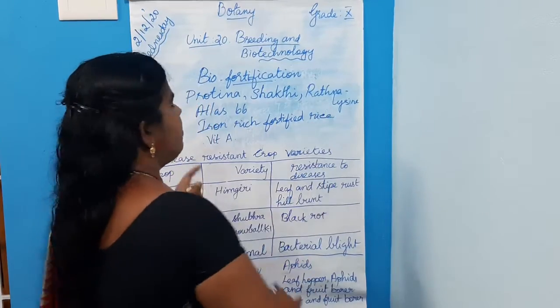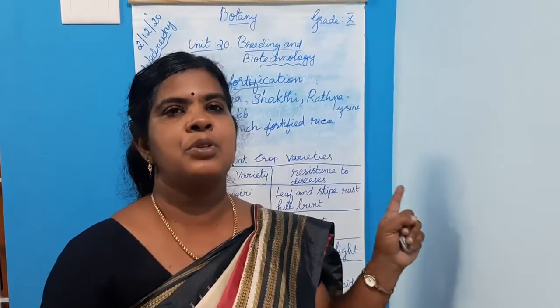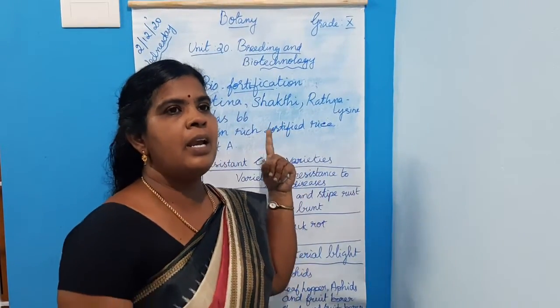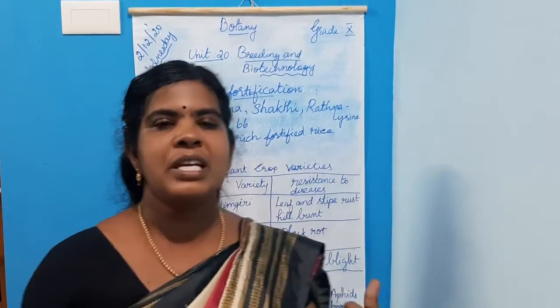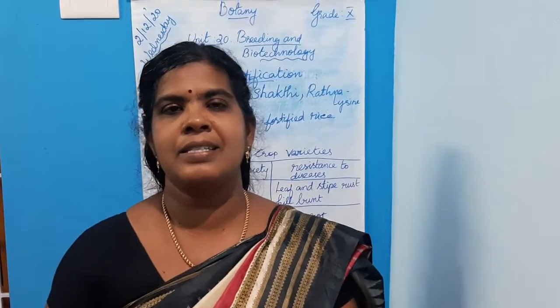Then vitamin A rich carrot, spinach and pumpkins are developed by applying biofortification. So biofortification is a scientific process of developing crop plants enriched with high levels of desirable nutrients like vitamins and minerals.